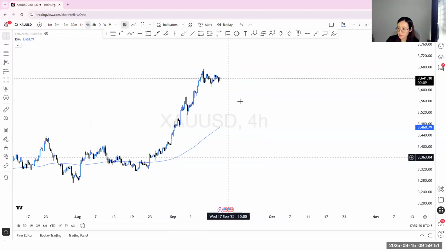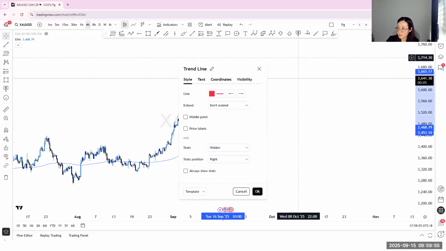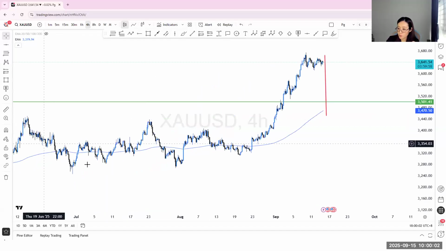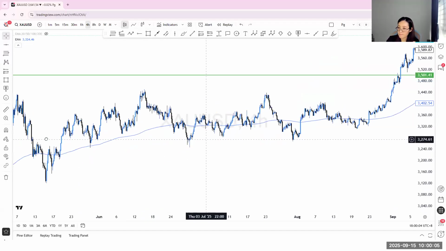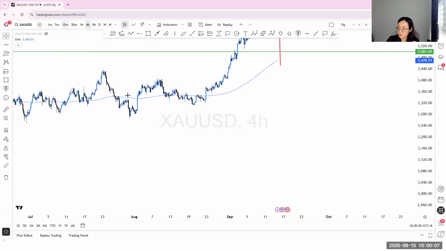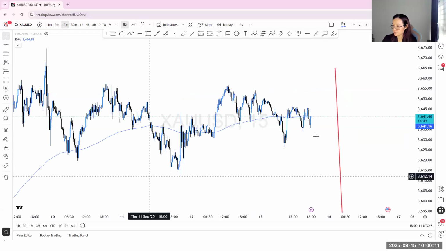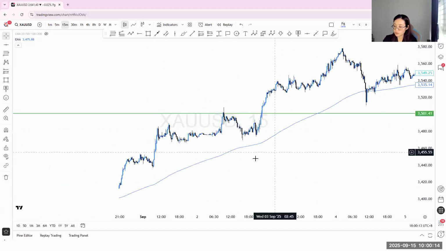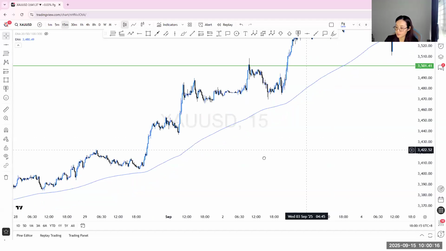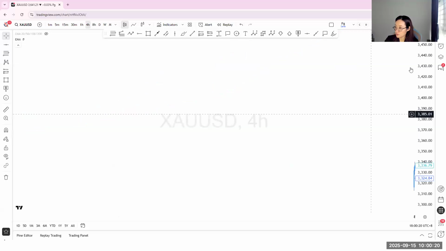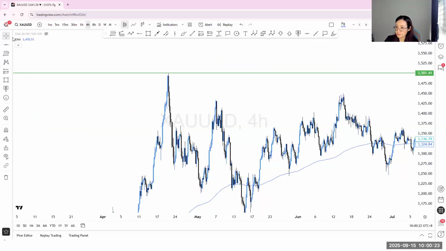Usually price will fall all the way, boom, and hit most of the time the key level in the H4, and after that you will see a very quick reversal. For example, if you want to trade news, don't wait at the M15. You can wait for the next key level on a higher time frame.